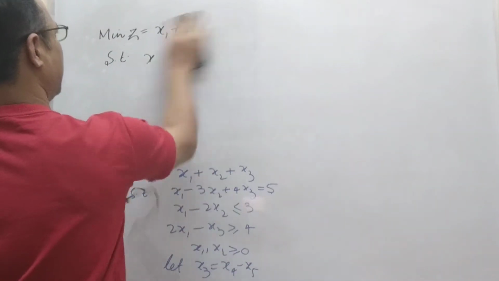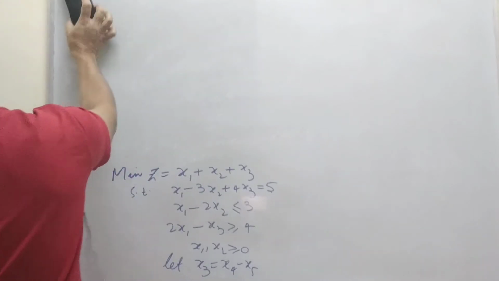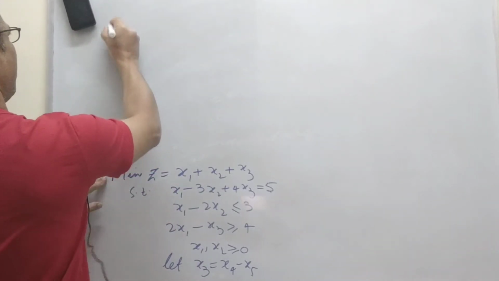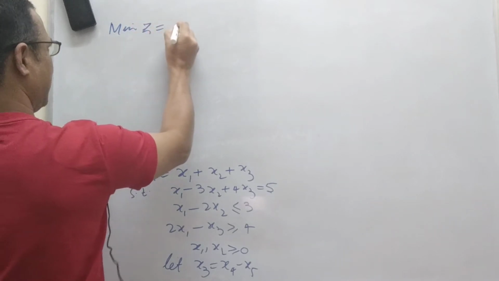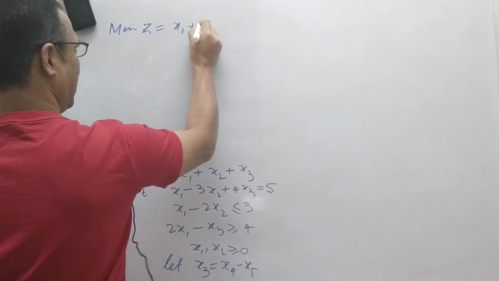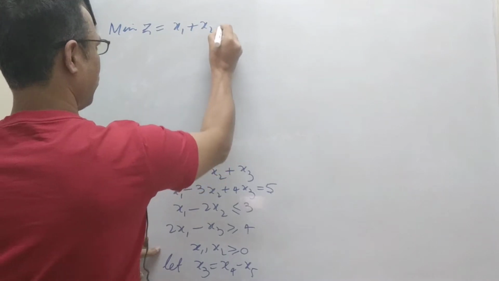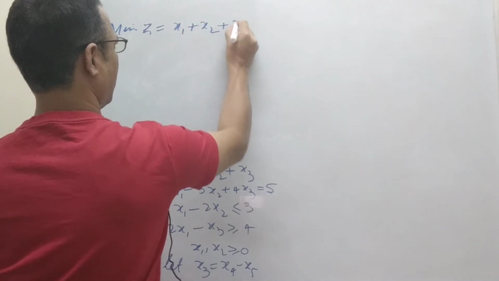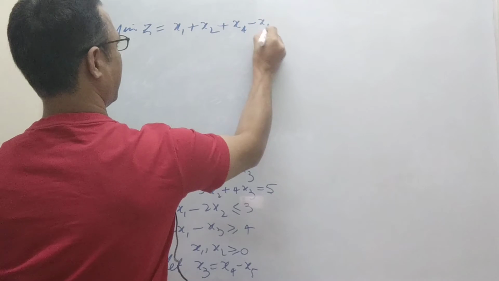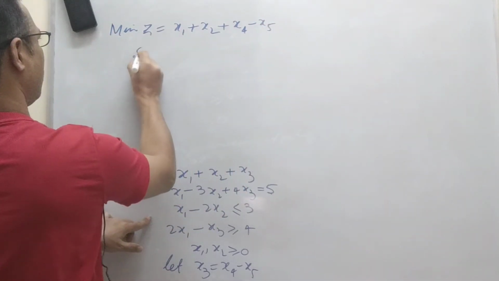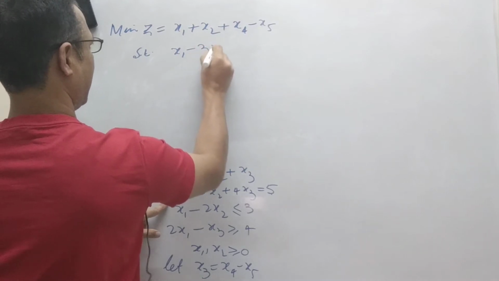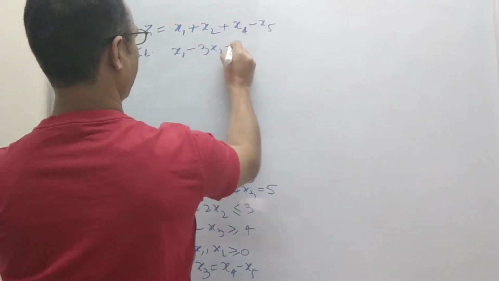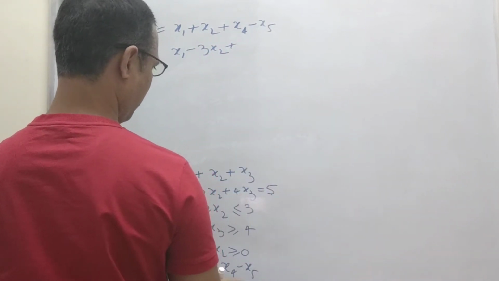Now the next step. The same I am going to write. I am not going to write its dual yet, just simply min z is equal to x1 plus x2, with x3 replaced by x4 minus x5, subject to, just replacing and nothing else, x1 minus 3x2 plus x3, which is going to be replaced by x4 minus x5.